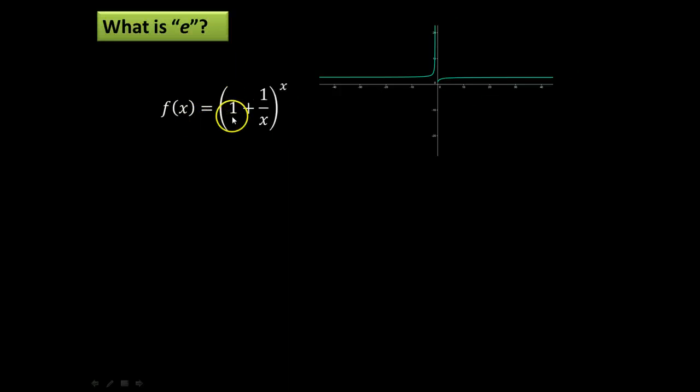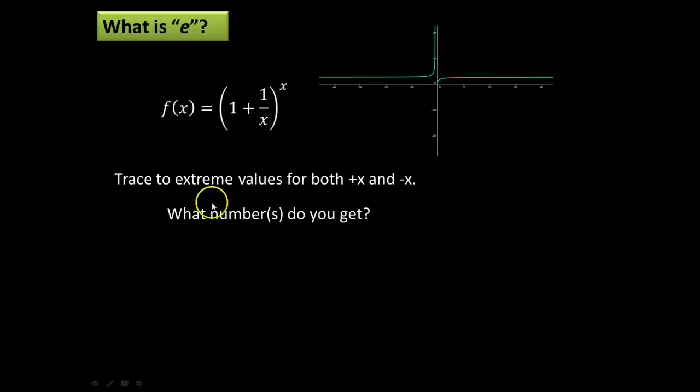f of x is equal to 1 plus 1 over x, to the x power. If we trace to extreme values for both positive x and negative x, so if you were to type this into your Inspire as your f of x function, this is what your graph would look like.